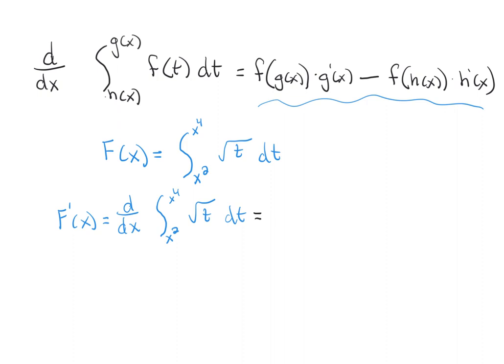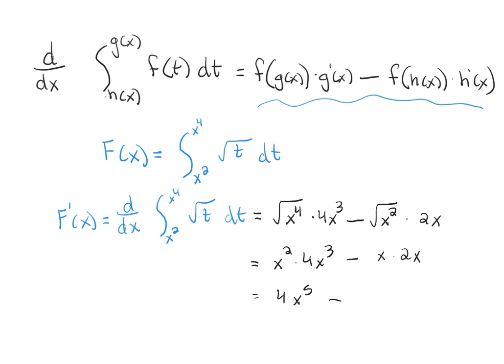So this is equal to the square root of x to the fourth, times the derivative of that, which is 4x to the third, minus the square root of x squared times the derivative of that, which is 2x. This could be simplified: x squared times 4x to the third is 4x to the fifth. And then this is just x times 2x, which is 2x squared.